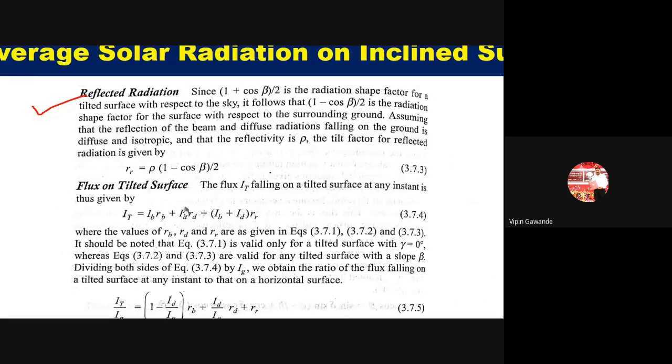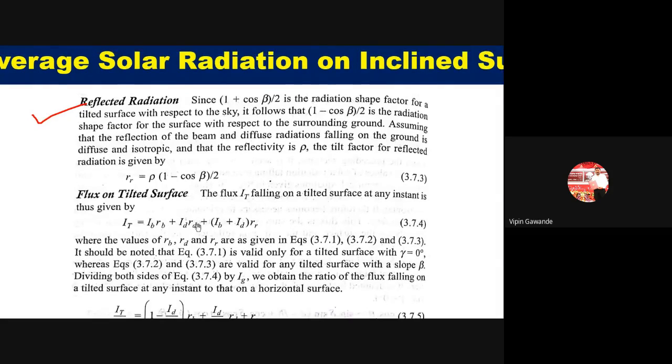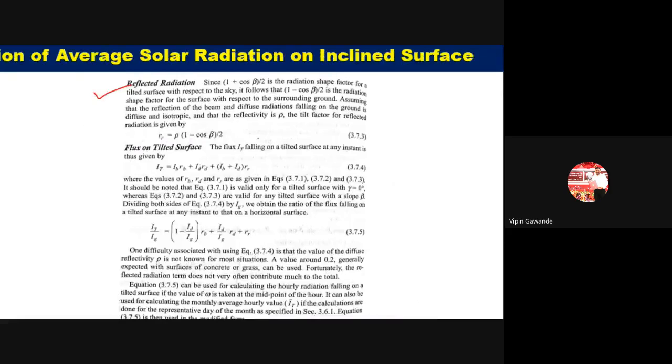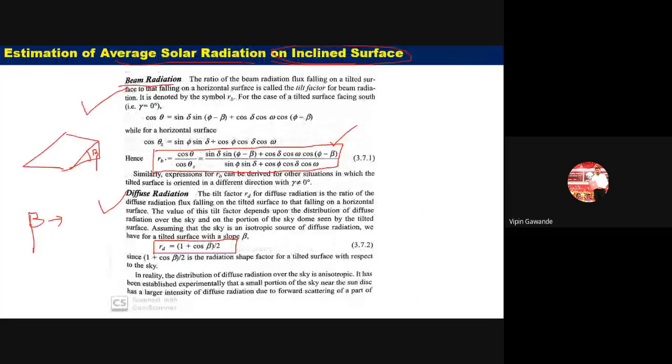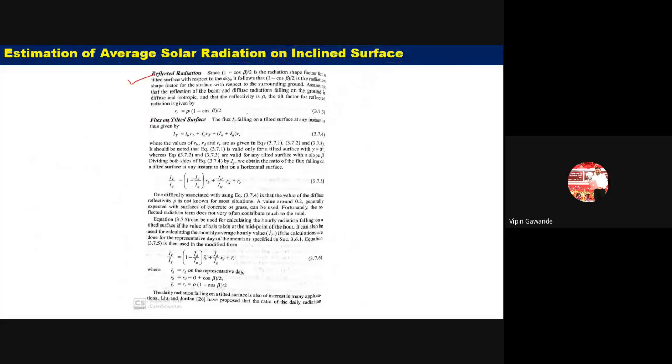So three formulas we have seen: RB for beam radiation, RD for diffuse radiation, and RR for reflected radiation. And the final formula is this one, the last formula, here.